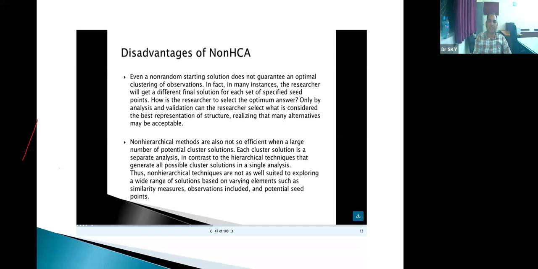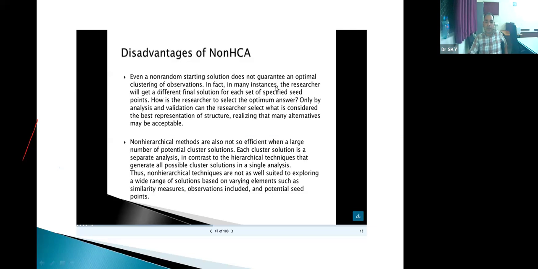Now, there are some disadvantages as well. If there are outliers, we are assigning them to some clusters, so it may disturb the centroid point or any distance measure you are using. Even a non-random starting solution does not guarantee an optimum clustering of the observations because of the outliers or extreme observations.